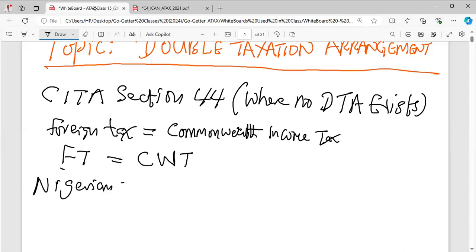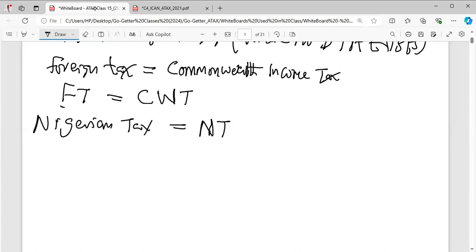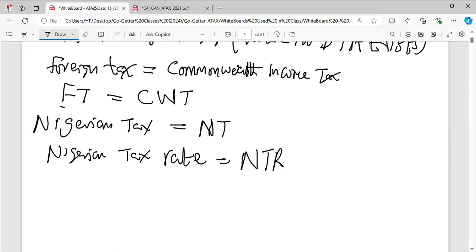Now let's say Nigerian tax will be NT. So therefore, Nigerian tax rates will be NTR. Then the foreign tax rate, we'll call it FTR.